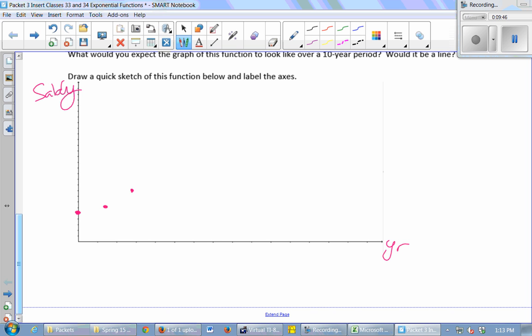And then the next year I have a slightly bigger jump. And then the next year I have an even bigger jump, right? So you see the vertical change between successive points is getting bigger each year. The y jump is getting bigger and bigger every year. So what I end up with is actually something that looks like a curve.